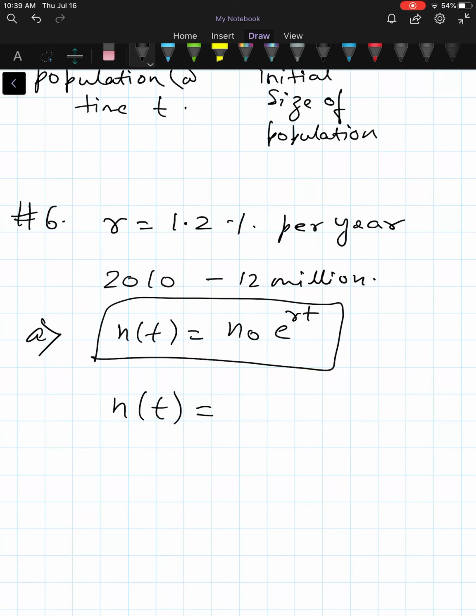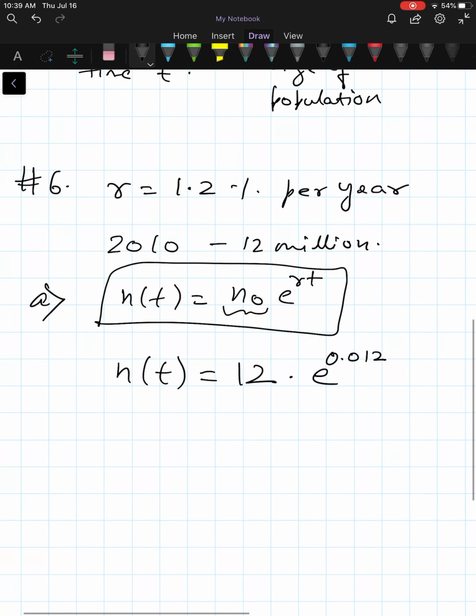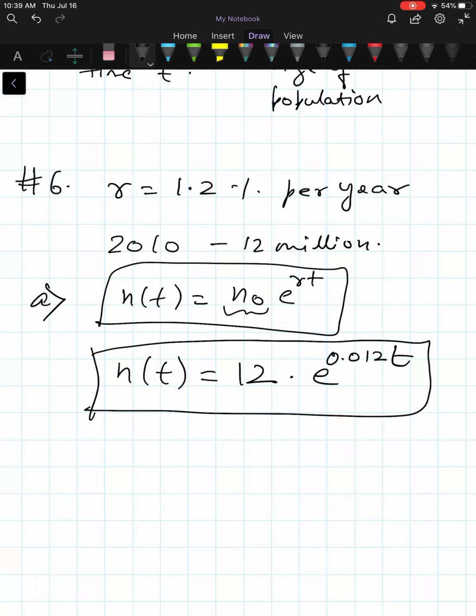So we can graph it in terms of millions itself. So I will consider it to be 12 times e to the power of 1.2%, which is nothing but 0.012 in decimals, times t. So this would be our model.